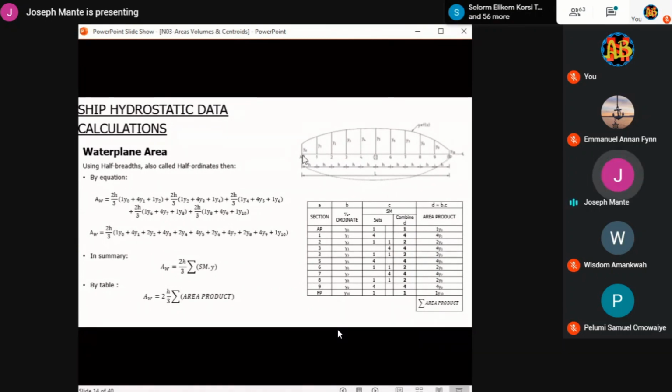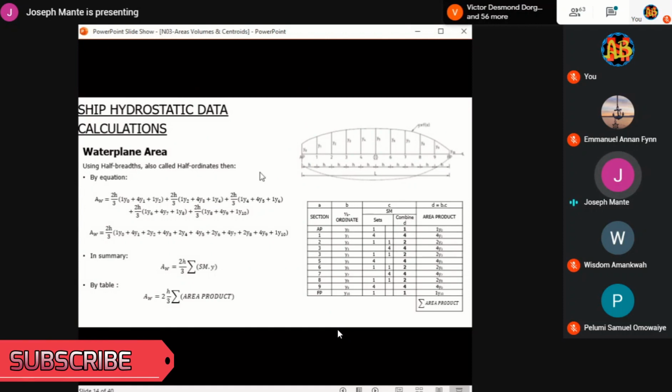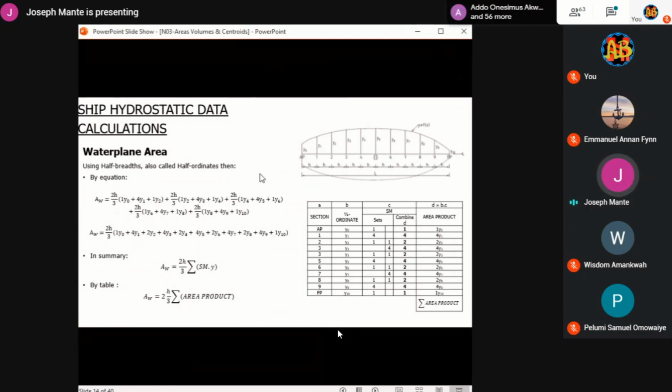Now, using Simpson's rule, we have to divide the ship into various sections. These various sections will help you to calculate the total area of the ship.